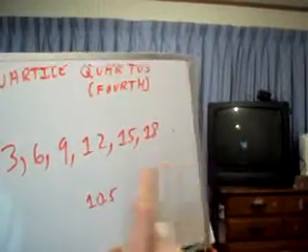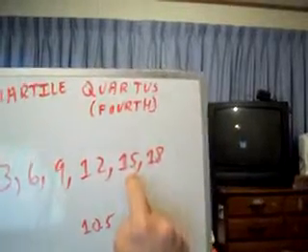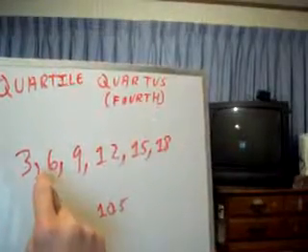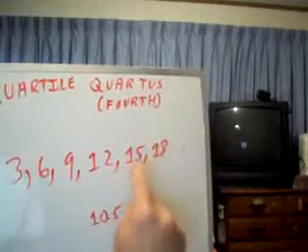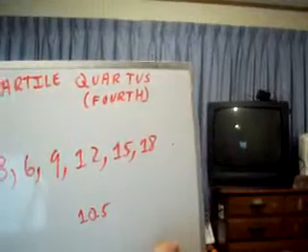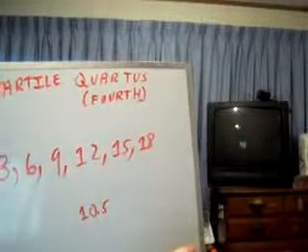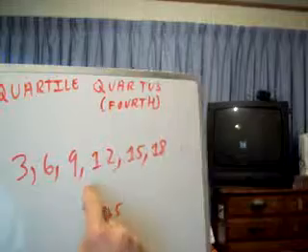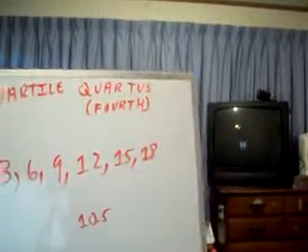The second quartile is 10.5. The third quartile is 15. Let me say that again. The first quartile is 6, the second one is 10.5, and the third one is 15. See what I mean? So now you know the quarter distance, the half distance, the 3/4 distance, and the ending distance.